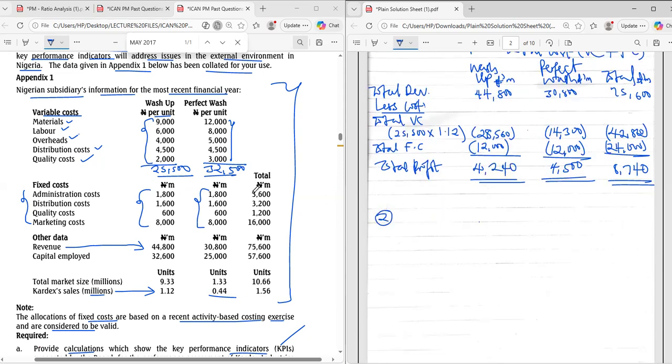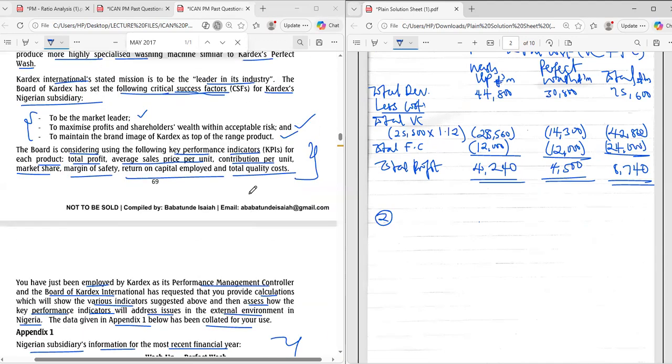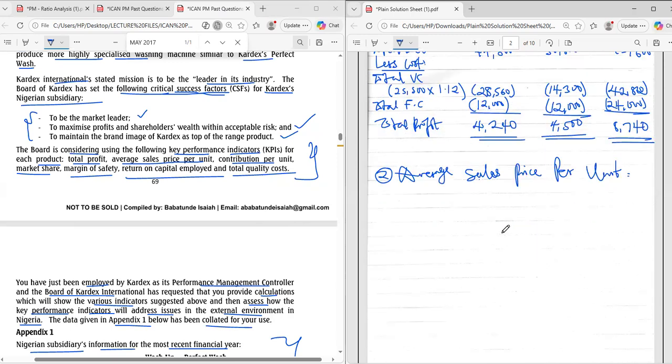Who can tell me the next one? What did they say? Average sales price per unit. Who can give me the formula for average sales price per unit?